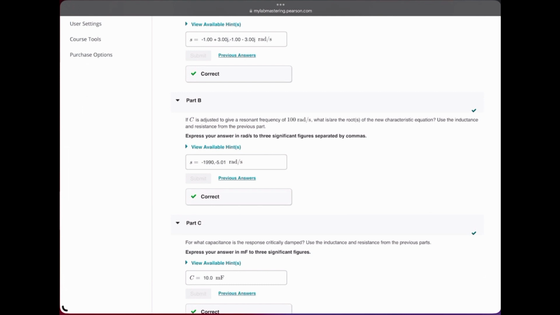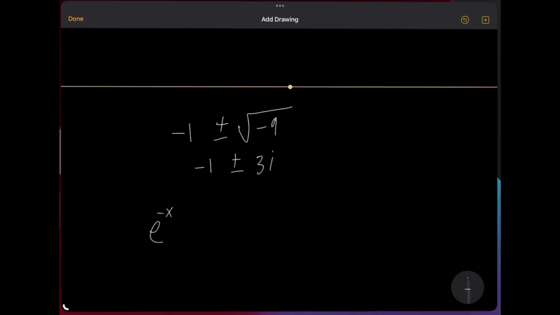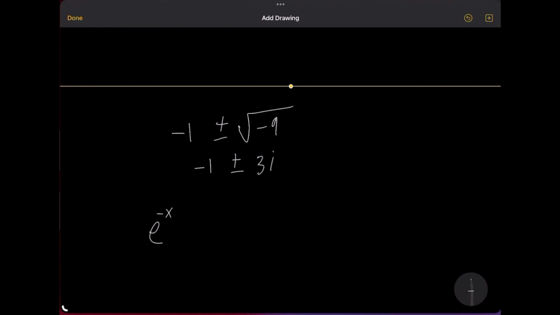It just has us adjust the roots. Okay. Well, if you were to write this out, it would be e to the negative x, cosine, my bad, c1 cosine of 3x plus c2 sine of 3x. And the 3 is from this, we call it, well, beta. It's 3. It's the one connected to the imaginary i.